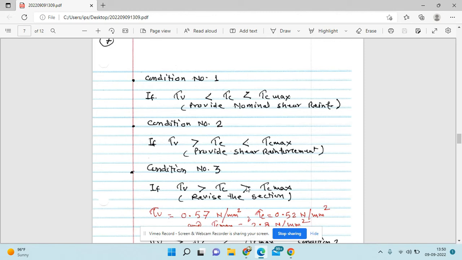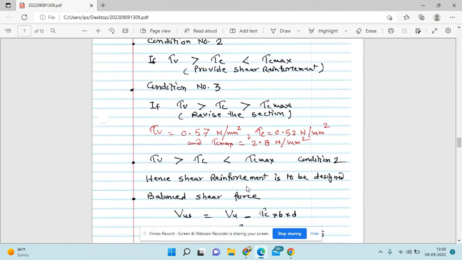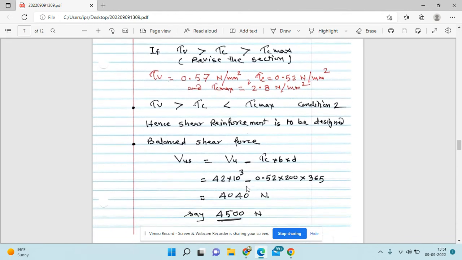And the third condition is tau v greater than tau c and also greater than tau c max. Here we know that tau v is 0.57, tau c is 0.52, and tau c max is 2.8 Newton per mm square. Now tau v is greater than tau c but less than tau c max. So we have to go for condition number 2.